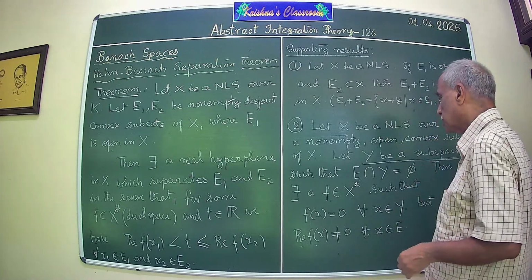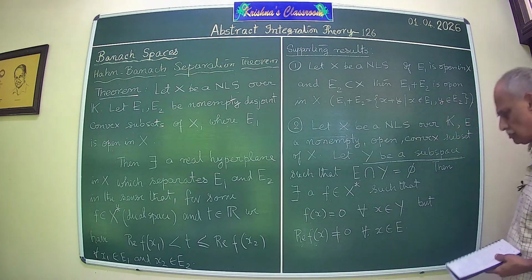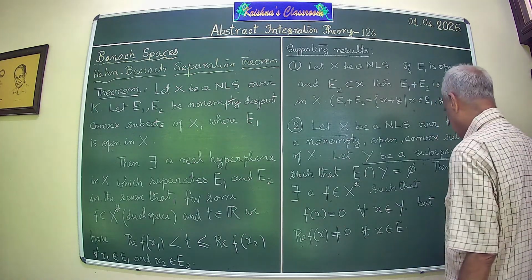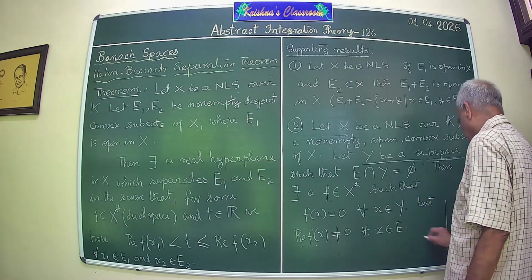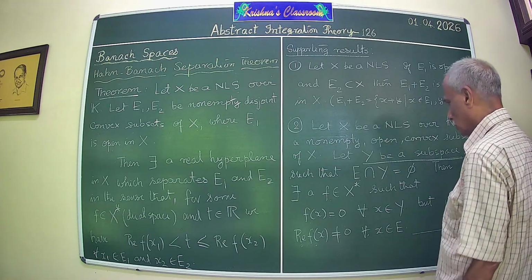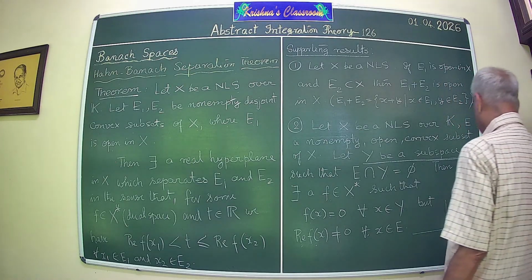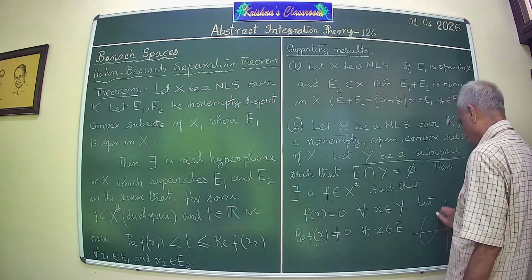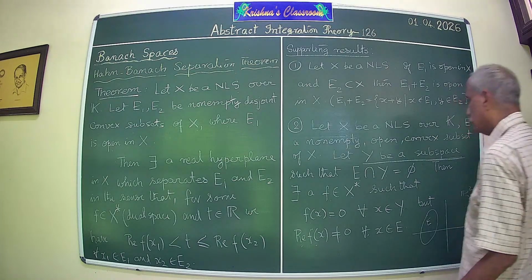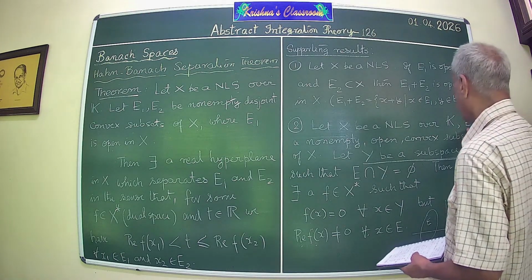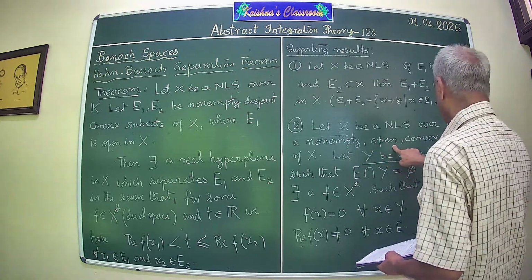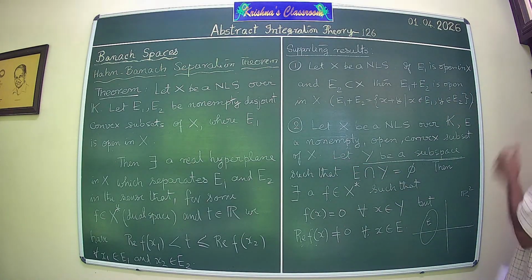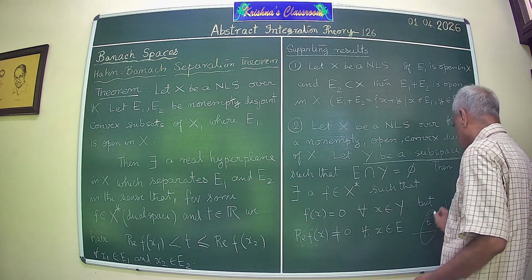Now, it's quite easy to see. See what this says is that, in R2, let us again take E, a non-empty open convex subset of X. And let Y be a subspace.